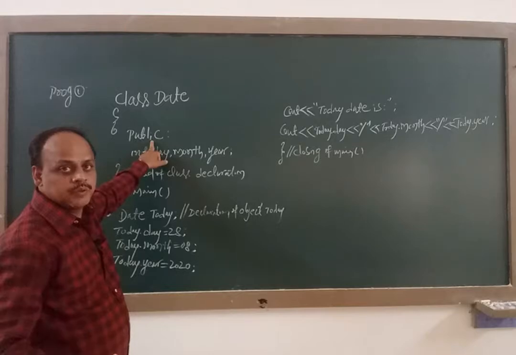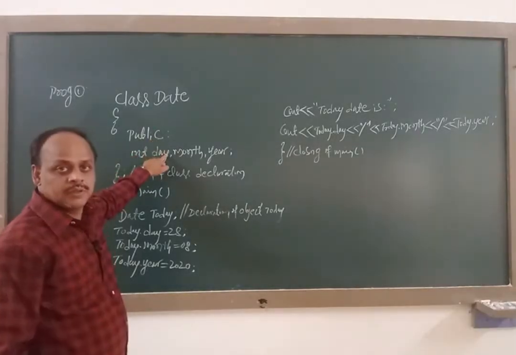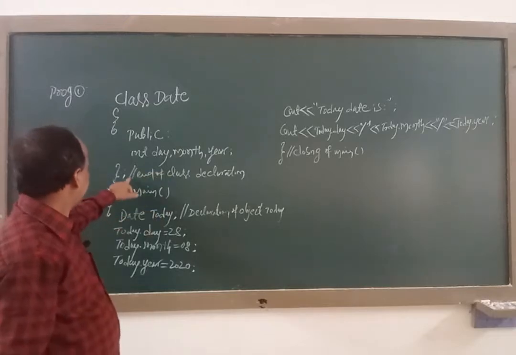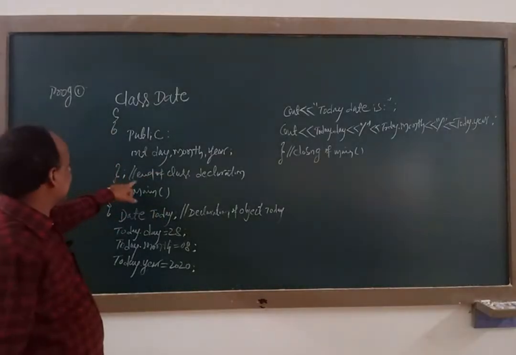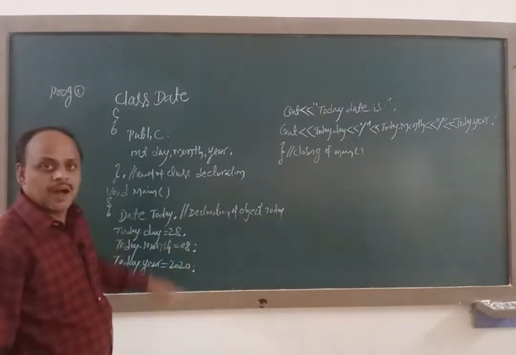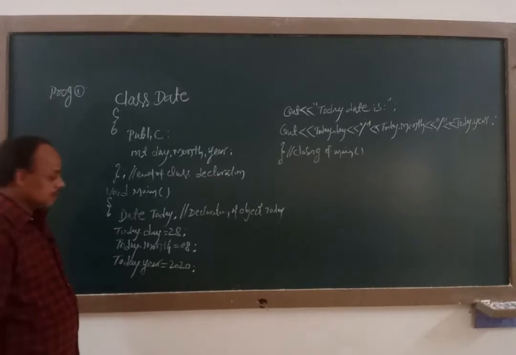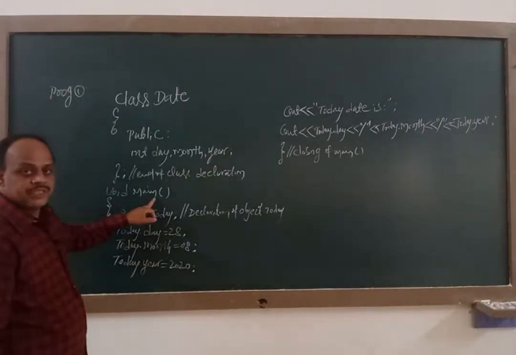I will tell you why I wrote these in public mode, just wait. Now I am closing the class. This is called the end of class declaration. How do we end a class? With a semicolon. Next, the void main function.